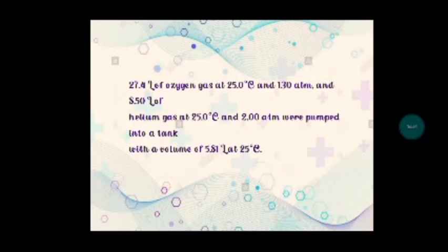27.4 liters of oxygen gas at 25.0 degrees Celsius and 1.30 atm, and 8.50 liters of helium gas at 25.0 degrees Celsius and 2.00 atm were pumped into a tank with a volume of 5.81 liters at 25 degrees Celsius.